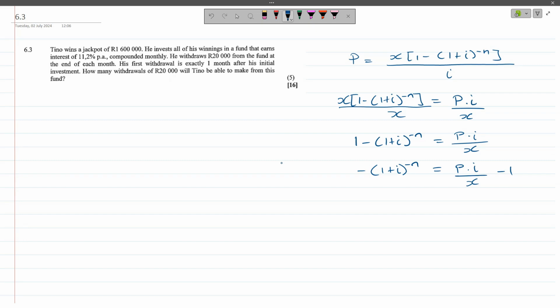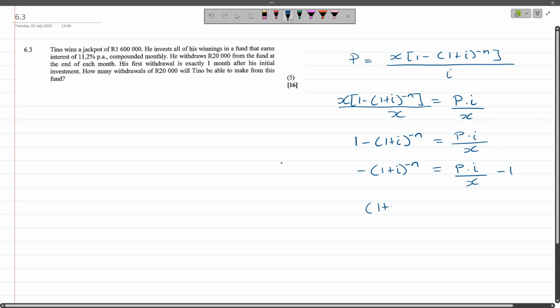So first thing we're going to do is divide by -1. So that will give us (1 plus i) to the power of minus n is equal to 1 minus P multiplied by i over X.